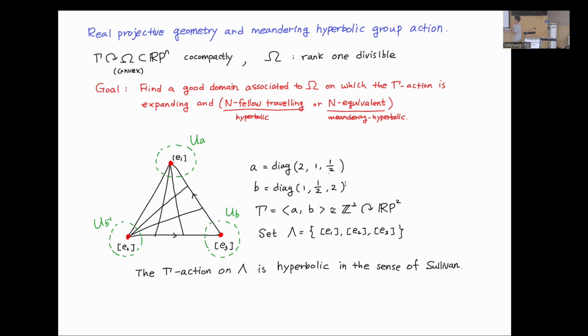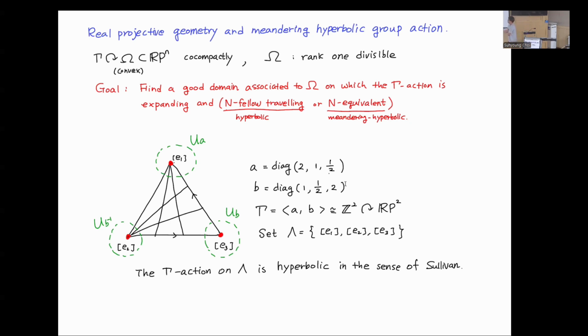Actually, it's hyperbolic, because the red points are invariant under all elements of the group gamma. For example, for E1, there are only four rays associated to this point. You can also prove that they are M-Farrell traveling because they are just finite.